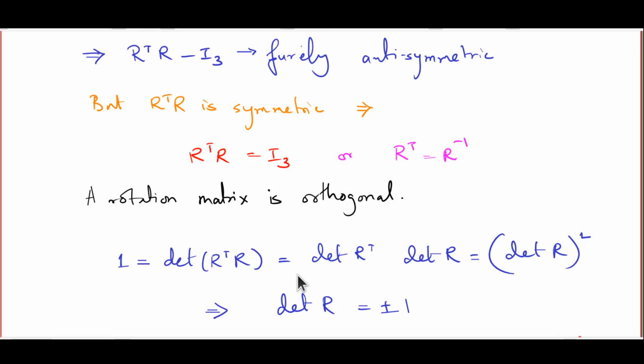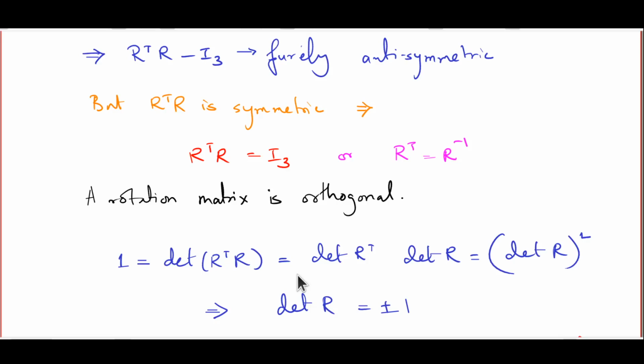So determinant R can be plus or minus 1. In other words, any linear transformation which preserves length must be represented by a matrix whose determinant is either plus 1 or minus 1.